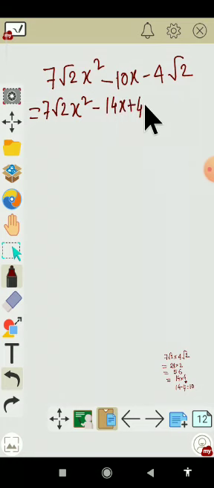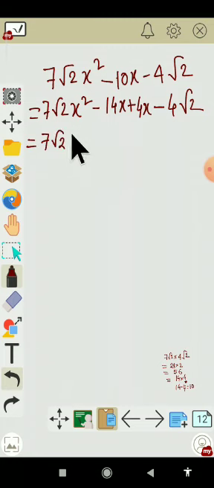So here we have to write 14x minus 4x, that is 7 root 2 x square minus 14x plus 4x minus 4 root 2. Now take common 7 root 2 x.